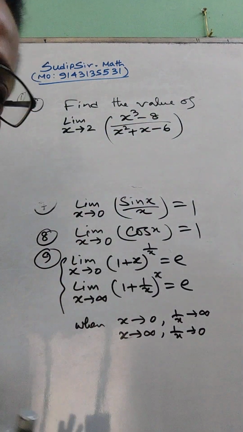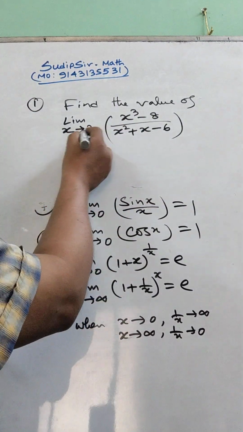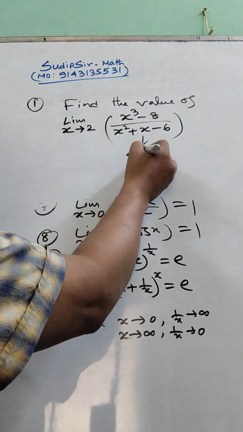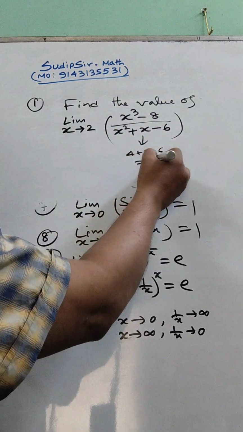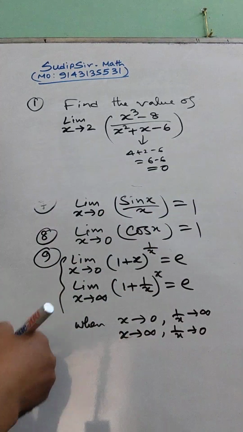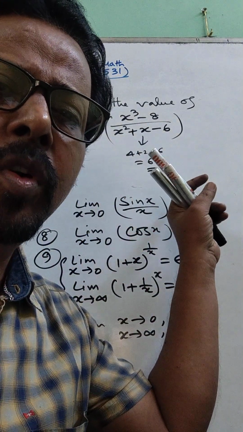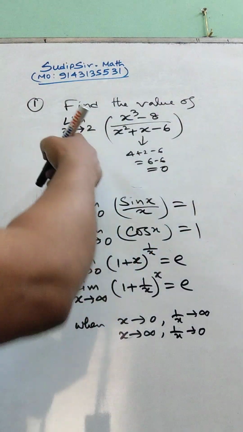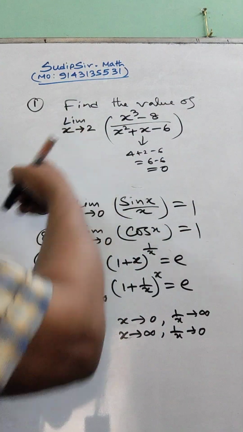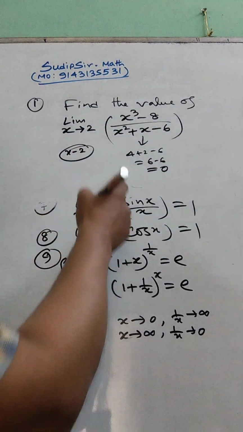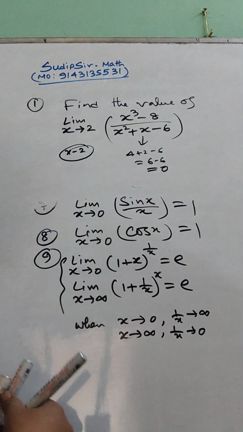Now check, if you put x equal to 2 here, then this is 4 plus 2 minus 6, 6 minus 6, 0. Now x minus 2 becomes 0, due to this, x minus 2 tends to 0, that's why it becomes 0.